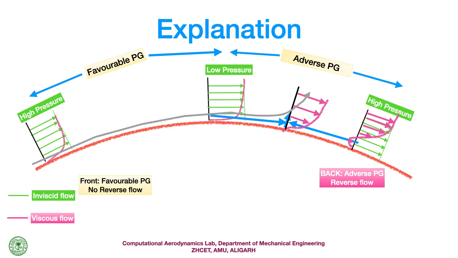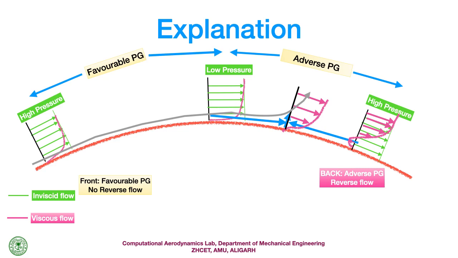Now, if I try to draw a streamline, if I trace the path of this gray curve, the path of this particle, it will go from here to here to here. Then it will encounter these velocity profiles, which are particles coming from the back side, and after this point the particle has to move upwards, so it will try to move upwards.